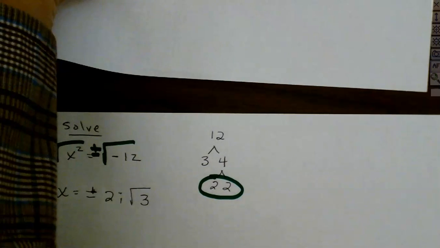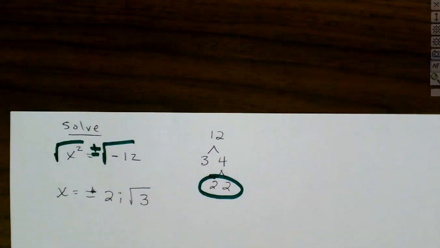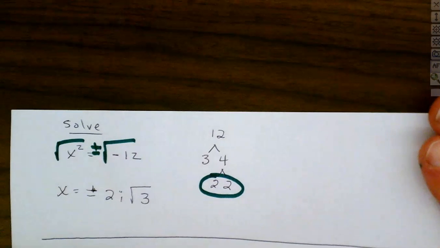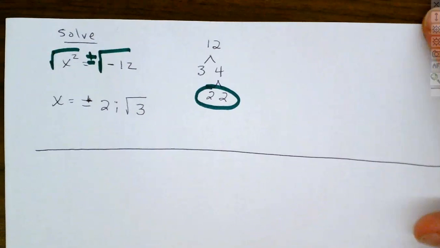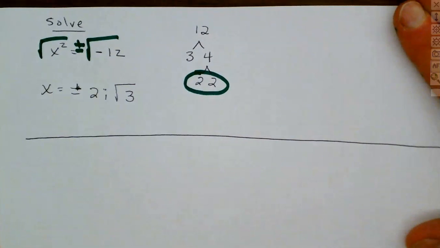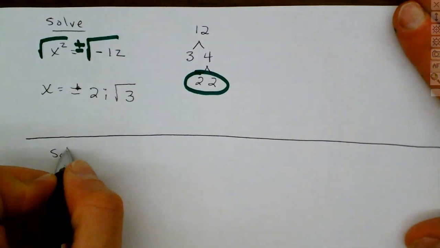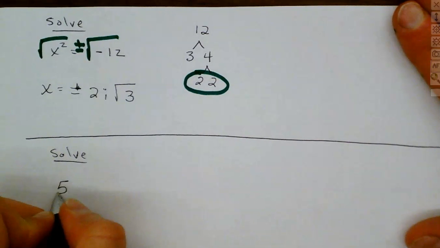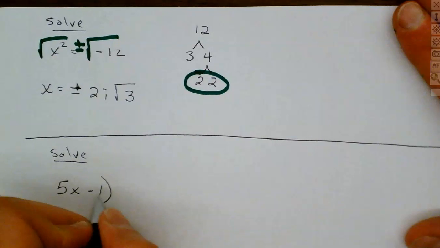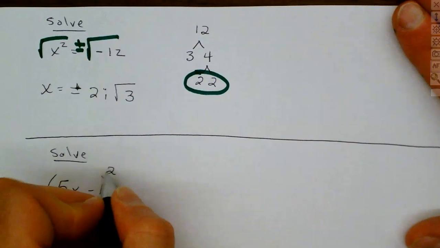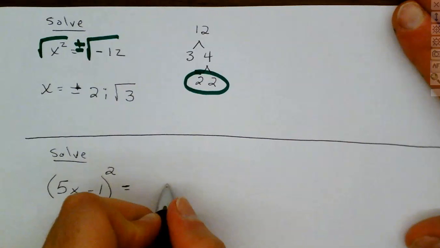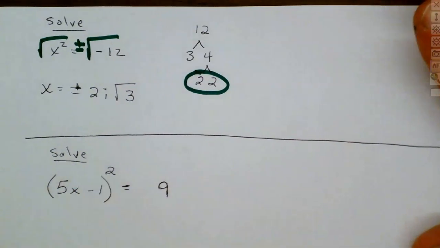So let's try another one. The square root property can also be used when we have parentheses. So let's look at this one.